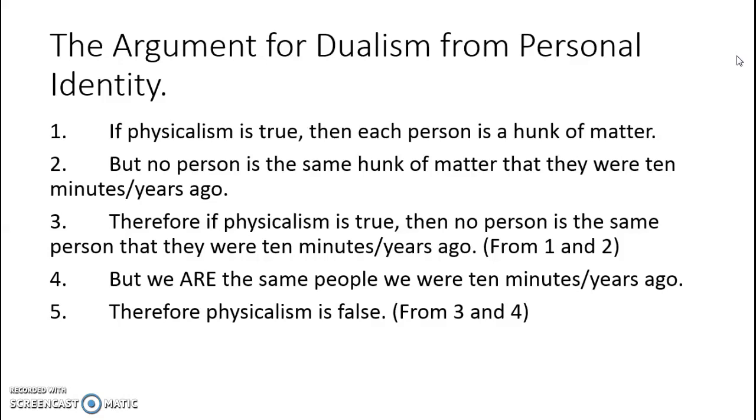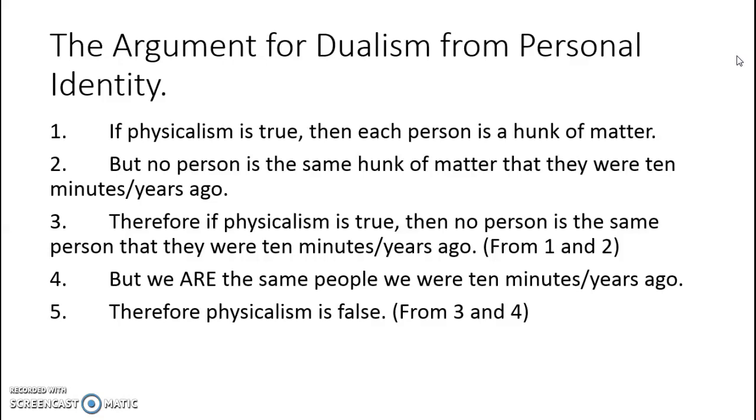Assuming that's true, assuming that process is always going on, you're not the same hunk of matter that you were in the past. So what follows from 1 and 2 is this, that if physicalism is true, no person is the same person that they were 10 minutes ago or 10 years ago.